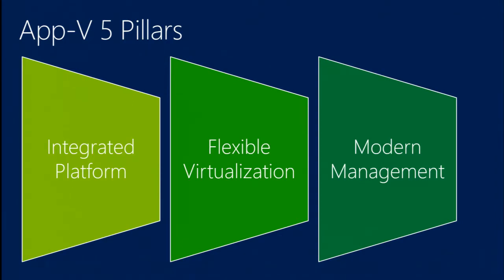Flexible virtualization is mostly around 2 technologies. Virtual application extension, which you can think of FTAs and shortcuts as special cases, and connection groups, which are dynamic suite composition. You take 2 different packages and combine them at runtime in the same virtual environment.